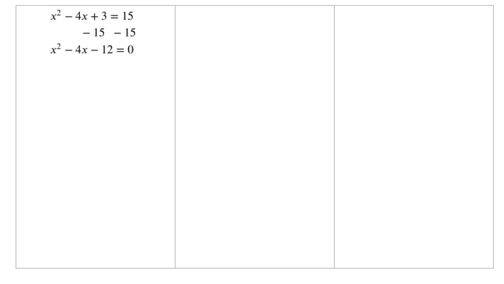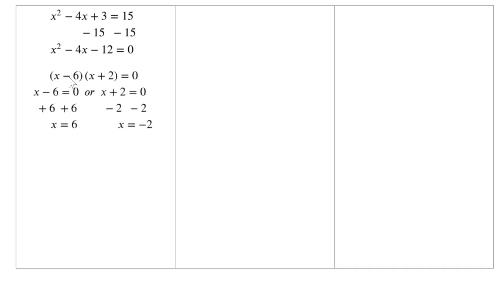Now I need to factor this. What multiplies to -12 but sums to -4? I know that if I multiply -6 times +2, I will get -12. I will also get -6x plus 2x to get -4x. I've factored it correctly. I set up my two equations.